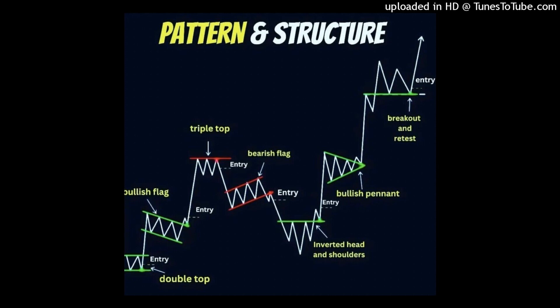Maybe the market was tanking and is probably going back up, right? So there are other factors that play a role too, and those factors need to be used in combination with price action. Just because this breaks it, we're not going to buy it. There are other factors we need to look into, but for now, since we haven't covered that yet, we're just going to focus on that.